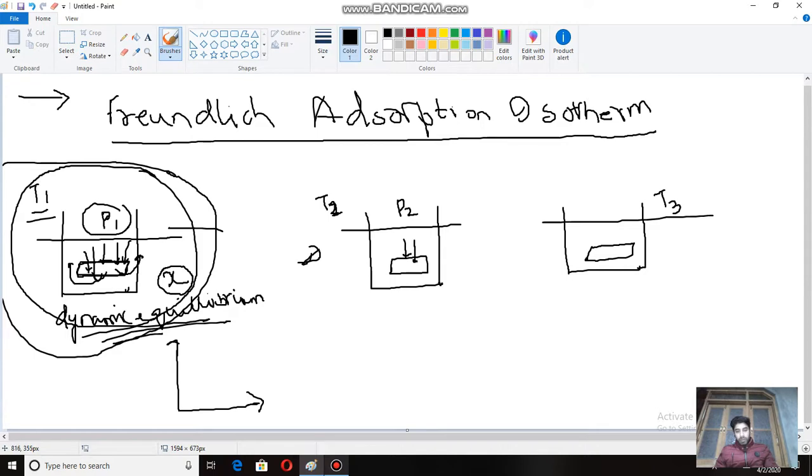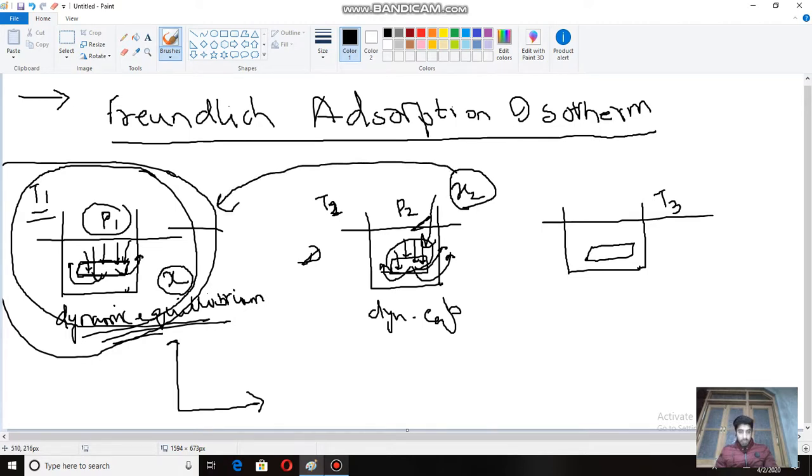Obviously more particles will adsorb, and after some time the desorption rate will be equal to the adsorption rate, so there will be a dynamic equilibrium. But the amount of particles adsorbed at this pressure, let's call it x2, will be greater than x1.